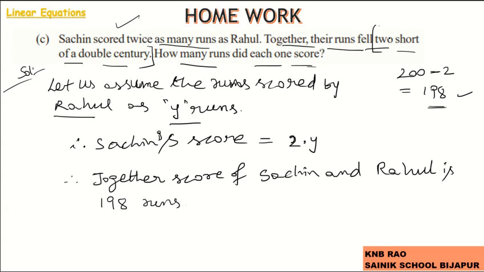Why? Because they said 2 short of double century in words, which actually means 198. Therefore, Sachin score 2y plus Rahul score y equals to 198 runs. It implies, see, 2y and y both are like terms.